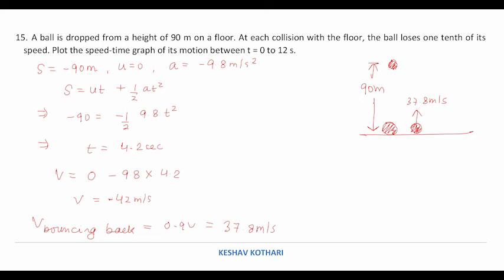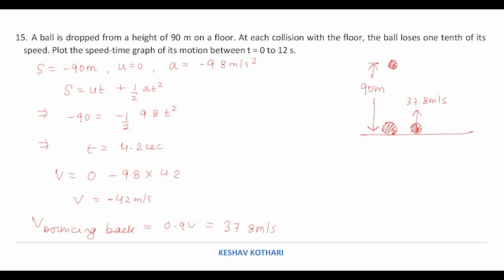So now we are thinking in this way. It is bouncing back with 37.8 meter per second, and now we are calculating the time when it is again going to hit the ground. So if it is again going to hit the ground, it will reach a certain maximum height and it will again hit the ground.